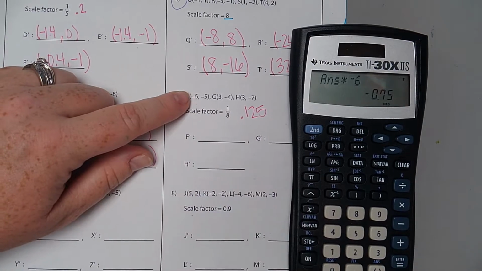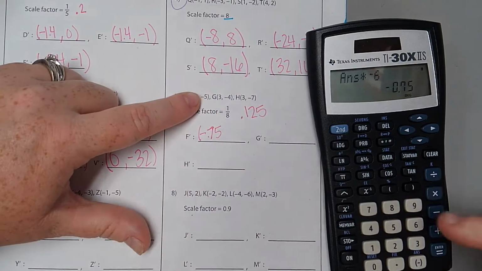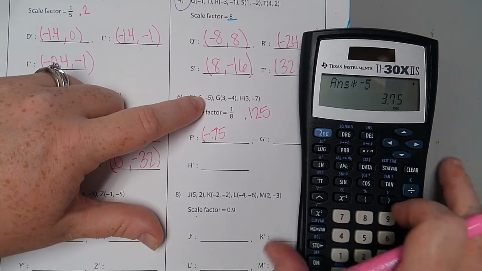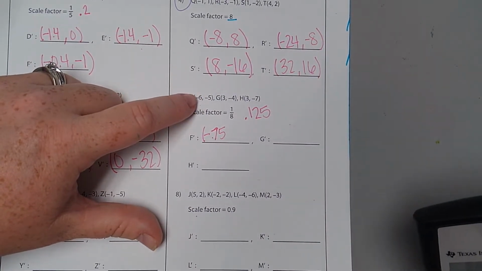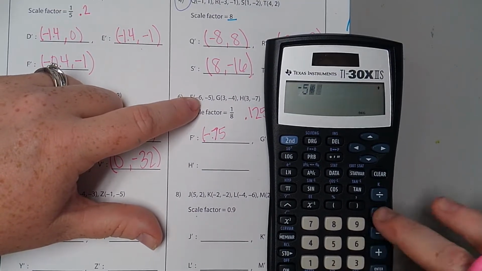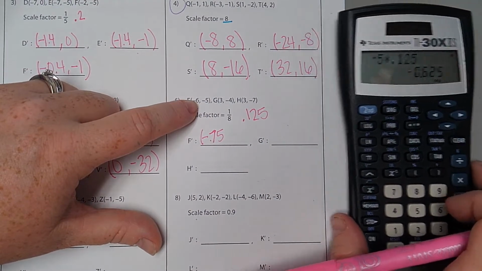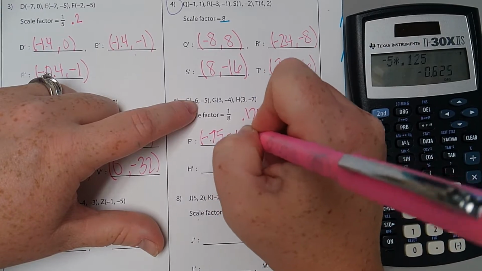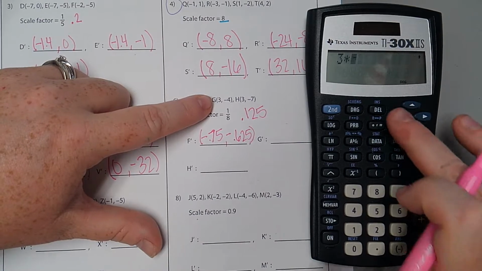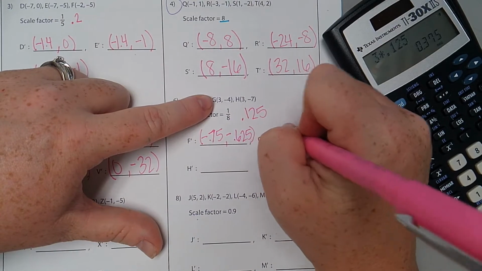So we get, oops, that should be a 7. Okay, I'm just going to go up and then go over here, change my 6 to a 5. Nope. That didn't work. Okay. -5 times 0.125 is -0.625. Okay, 3 times 0.125 gives you 0.375.